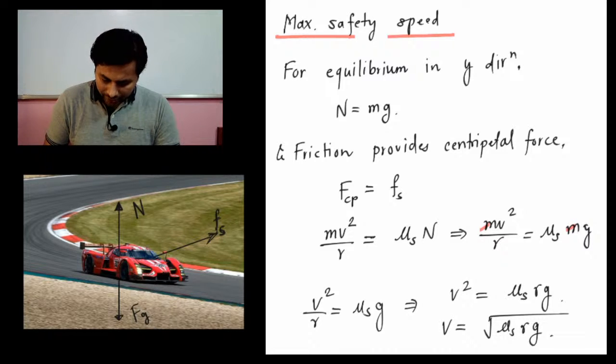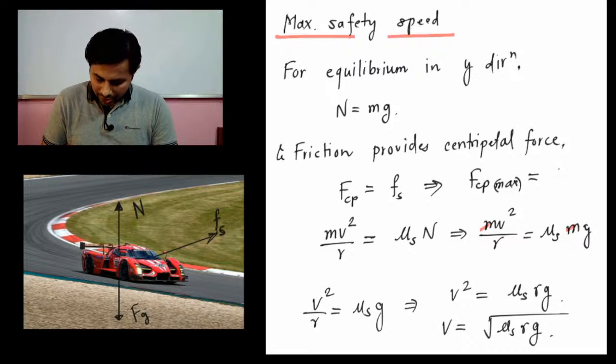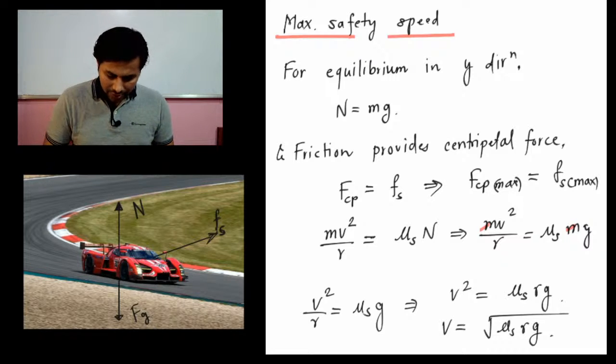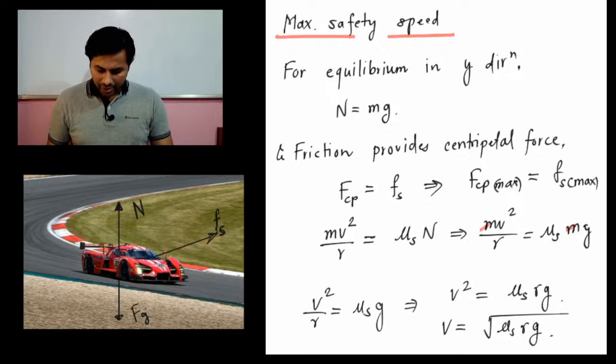So therefore FCP max is equal to what? Fs max. And then what is Fs max? It's equal to mu s multiplied by the normal reaction. So the calculations I have done over here consider the frictional force to be maximum.